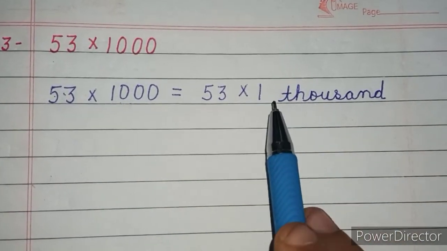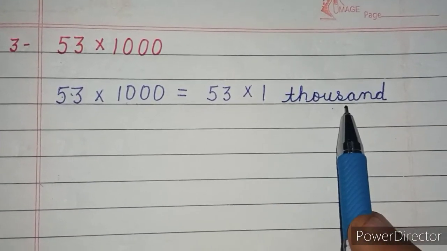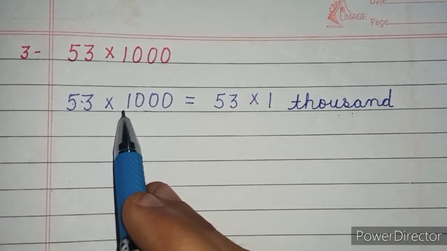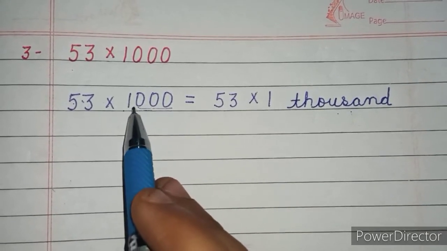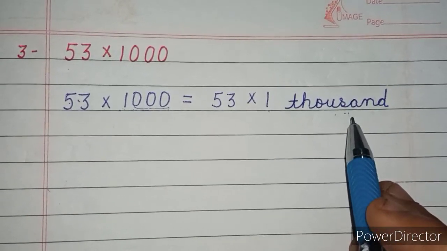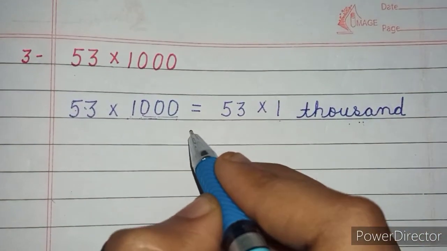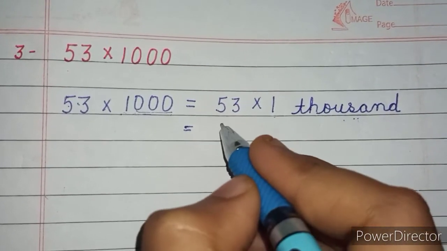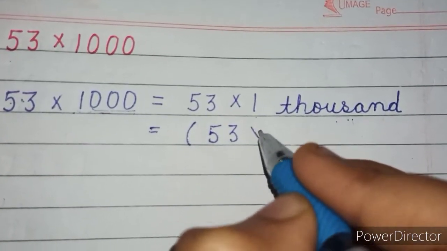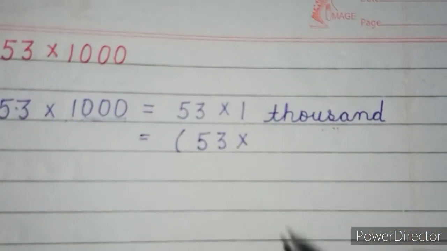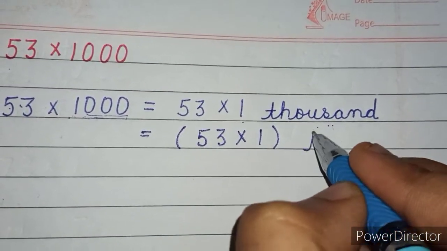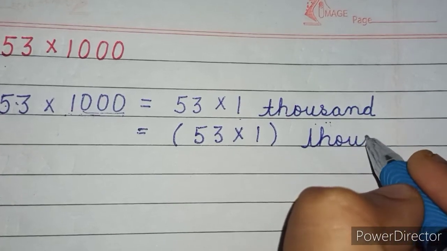Then we have written 1000 in words, because three zeros are put with 1. So it is called one thousand. Clear? Now we will put is equal to and will write in bracket 53 multiplied by 1. Bracket close and write here 1000.